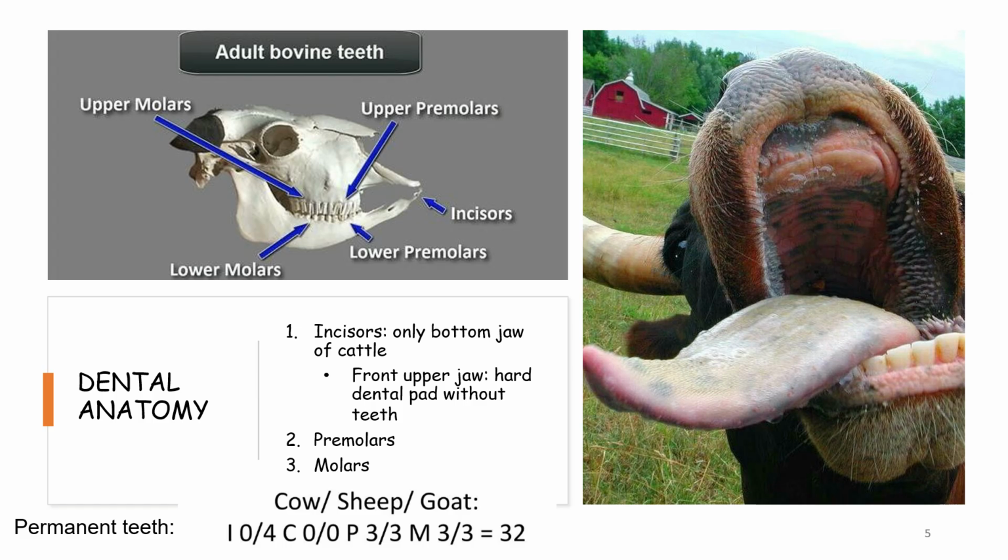So this is the formula of the cow for permanent teeth. I means incisor teeth: 0/4. The 0 is the incisor teeth in the upper jaw, no teeth. The lower jaw has 4 incisors. C means canine teeth. The cow has no canine teeth in the upper jaw, and the lower jaw also has no canine teeth.